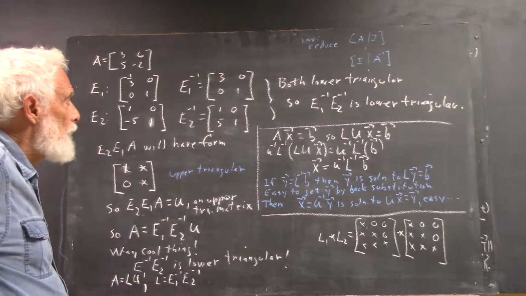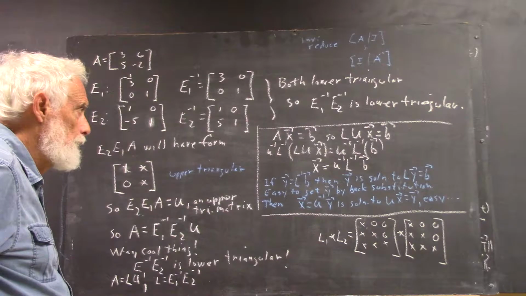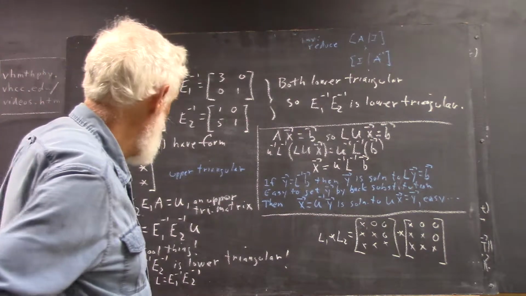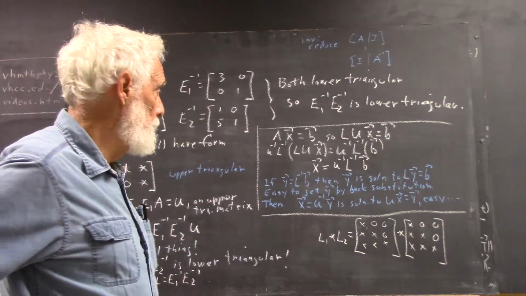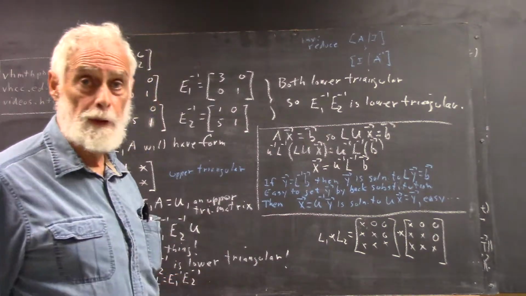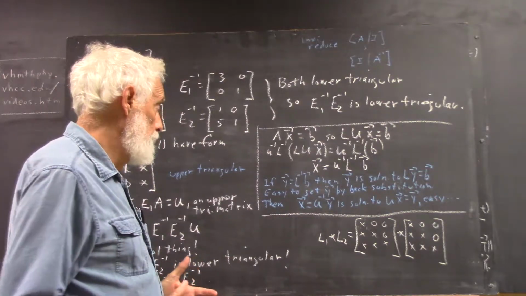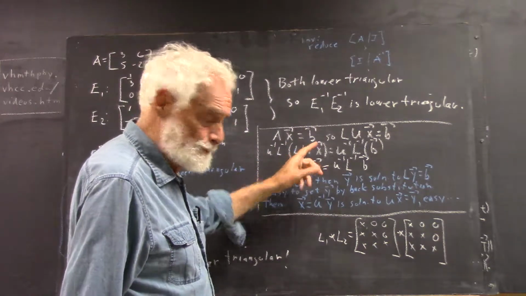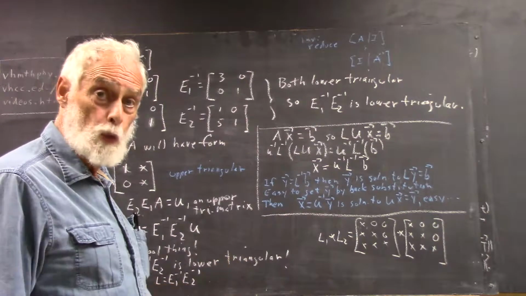Okay. Now, what worldly good is that to us? Well, it turns out for large matrices in general, the LU decomposition is an extremely efficient scheme for solving a matrix equation of the form AX equals B. Now for a 2 by 2 matrix, there are many more efficient ways to do it.